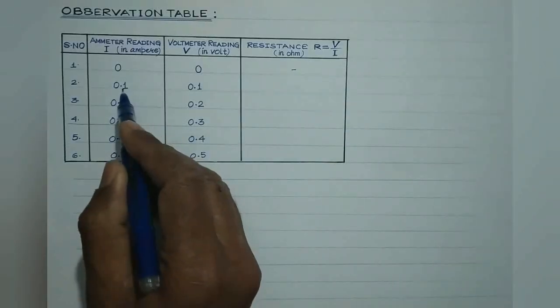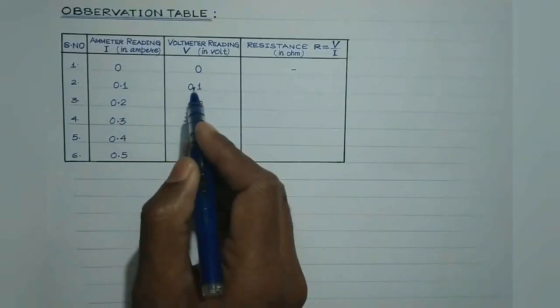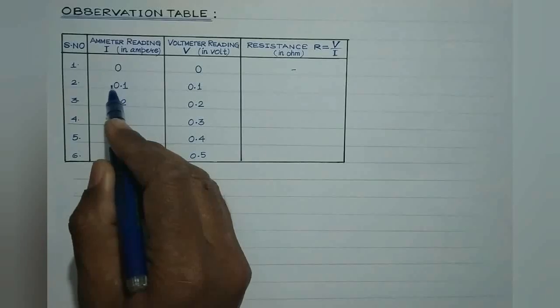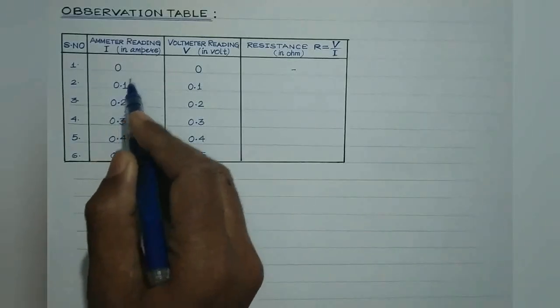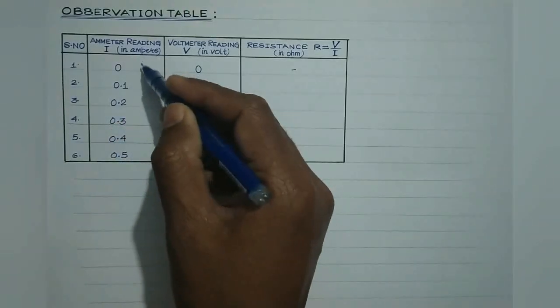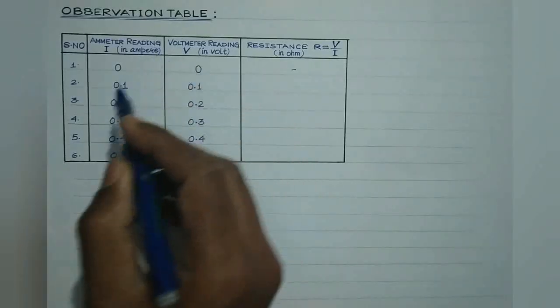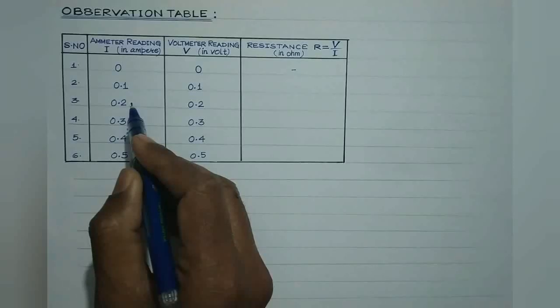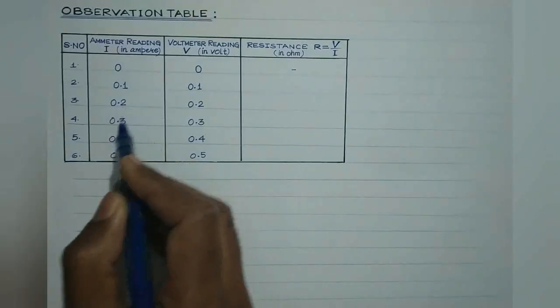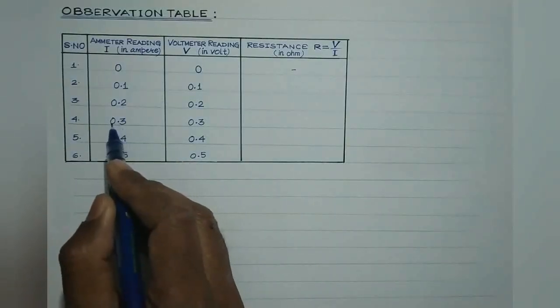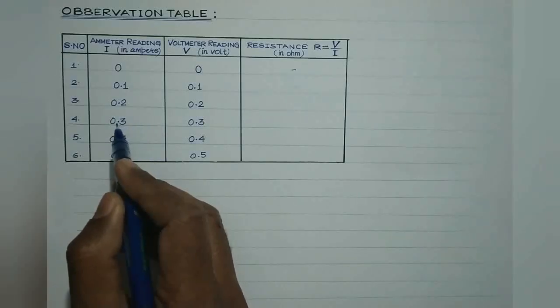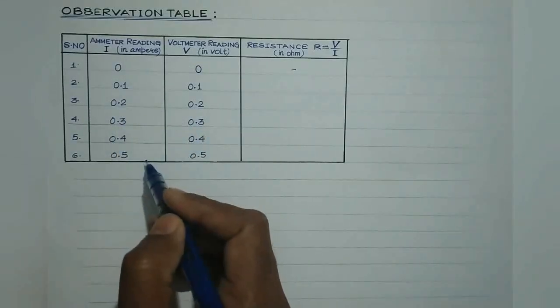So actually it was 100 milliampere corresponding to 0.1 volt, which is equivalent to 0.1 ampere. So the values of current in this column have been written in ampere. It was 200 milliampere, so in ampere it would be 0.2 ampere. Similarly, here the reading was 300 milliampere, which in ampere would be 0.3 ampere, and so on, right?